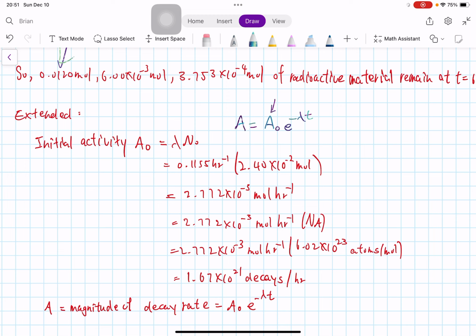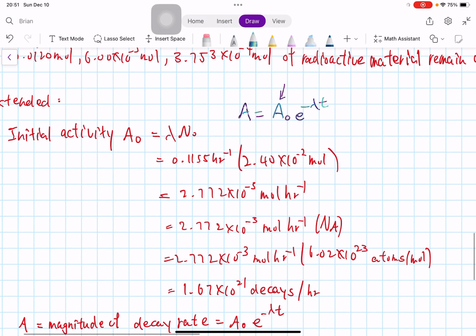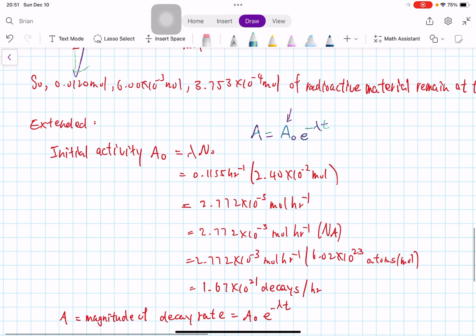Sorry, what is the rate of the material decaying before everything starts? Basically, A naught equals the decay constant times the initial number of nuclei.